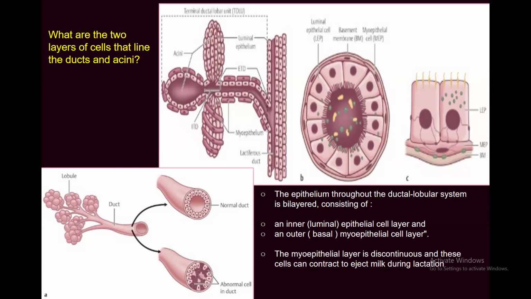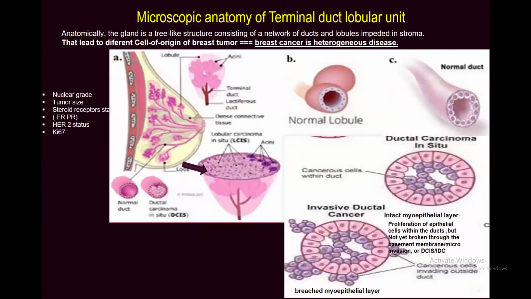The inner luminal layer is the epithelial layer, and the outer basal layer is the myoepithelial layer, and the myoepithelium is surrounded by the basement membrane. The significance of that, we'll see here. This is a normal duct, and this is filled with abnormal malignant cells, but these cells do not extend beyond the basement membrane in a case of DCIS.